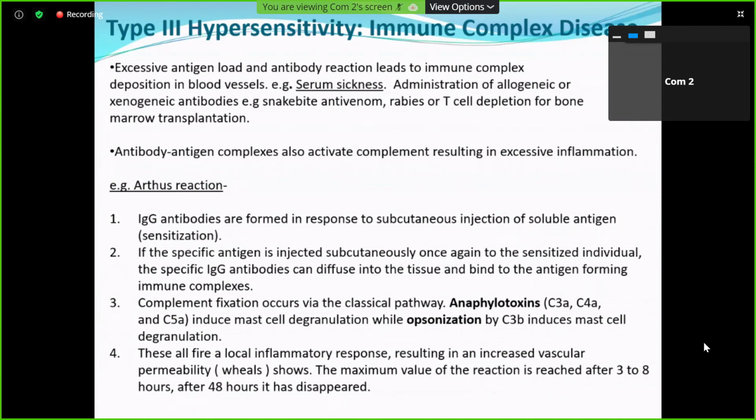I'll talk about this more in a later lecture about vaccines. But we have two types of vaccinations, what we call passive and active vaccination.